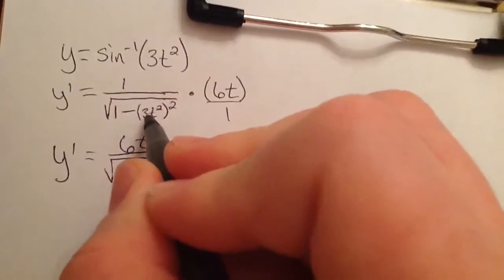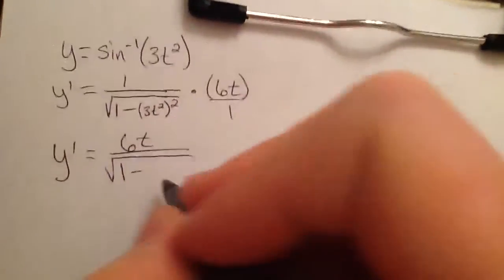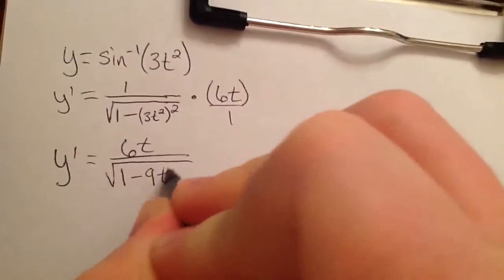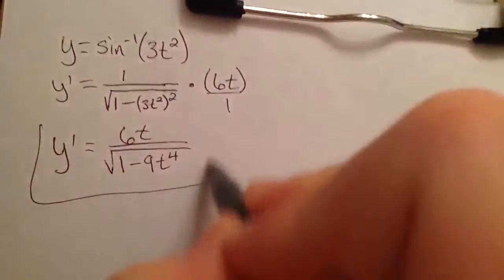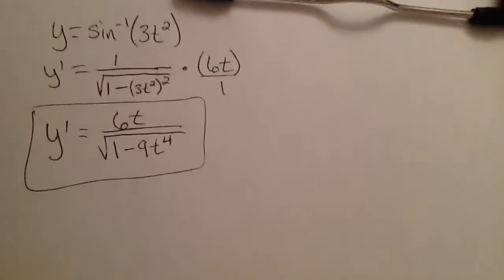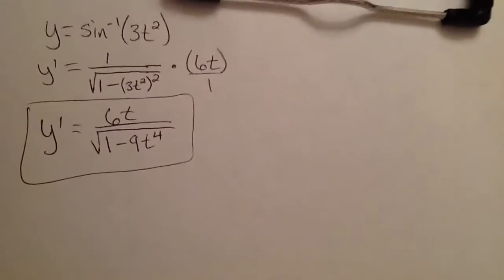Square them both: 3 squared is 9, t squared squared is t to the 4th, so 9t to the 4th, and that's it. Can't cancel anything, that bottom's in the square root.